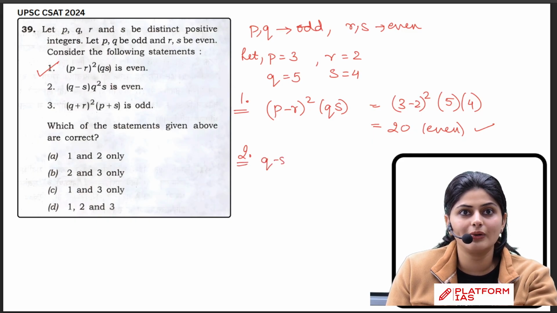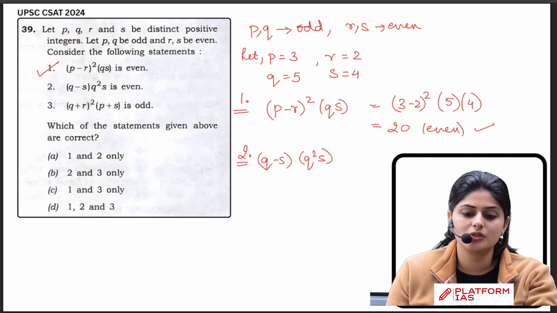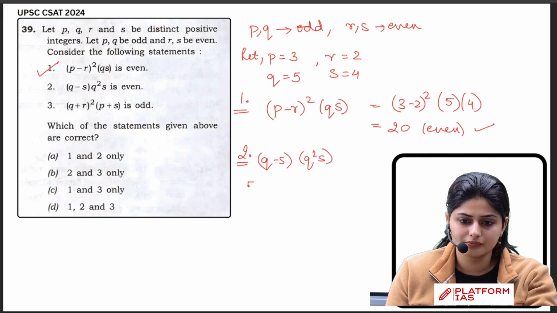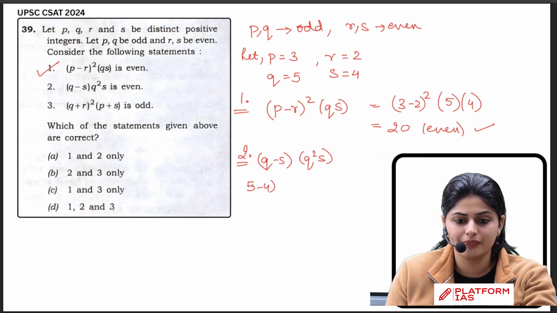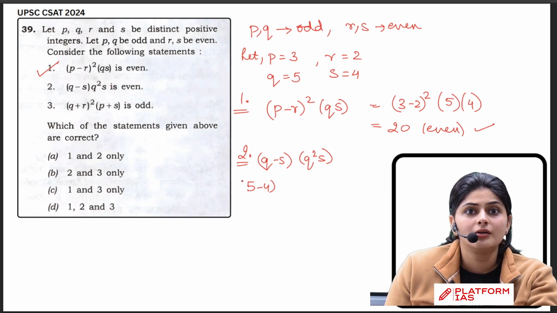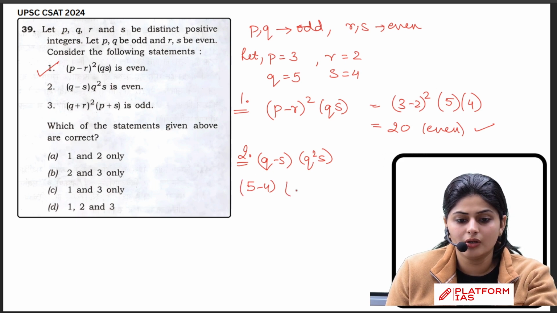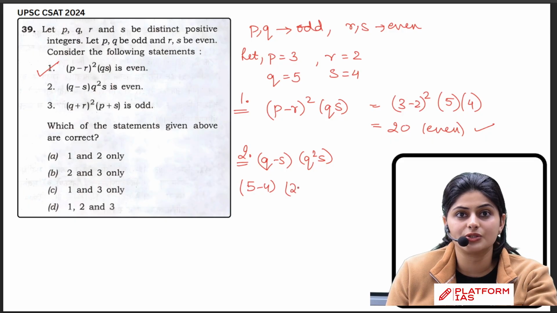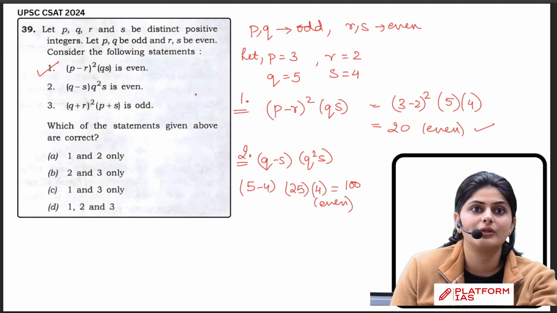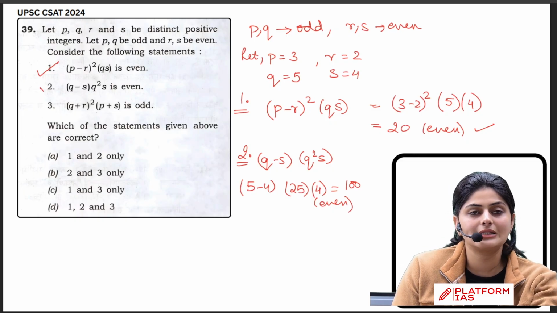It says Q minus S multiplied by Q squared times S. Again we'll substitute the values. We would get 5 minus 4, and what is Q squared? Q is 5, that is 25. And here we have a 4, so it will give me 100, which is even. That means this statement is correct.